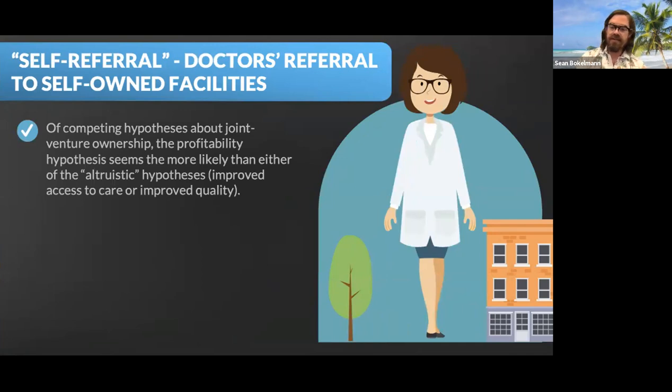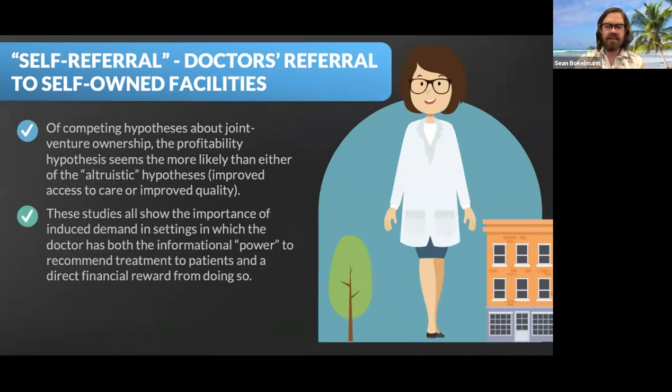So looking at this evidence, it seems like the profit motive is more powerful than the altruistic motive, right? Either improving access to care or improving quality. So it looks like doctors are inducing demand, right? It's pretty evident here.